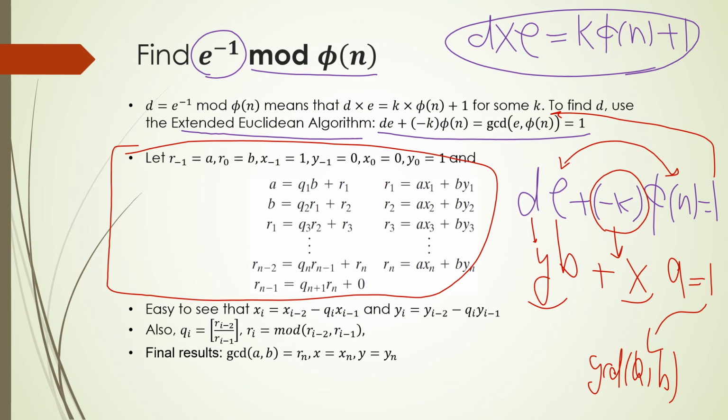The idea is very simple. Let's say you have these initial values for the r_i's and x_i's. Basically, r negative 1 would be a, r0 would be b, x negative 1 is 1, y negative 1 is 0, x0 is 0, and y0 is 1.